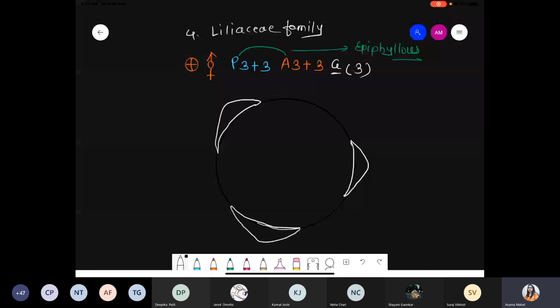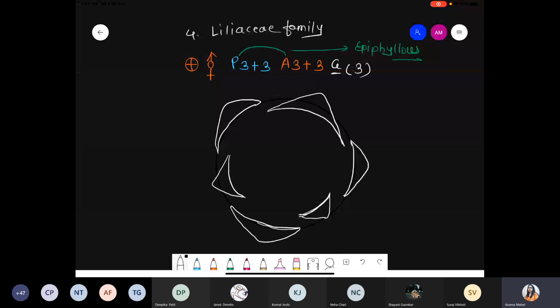So quickly draw the inner side also. 1, 2 and 3. So 3 on the outer side and 3 toward the inner side. Okay, such condition, 3 outer 3 inner. So P 3 plus 3.